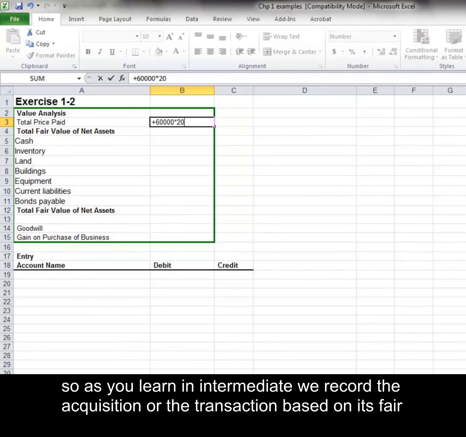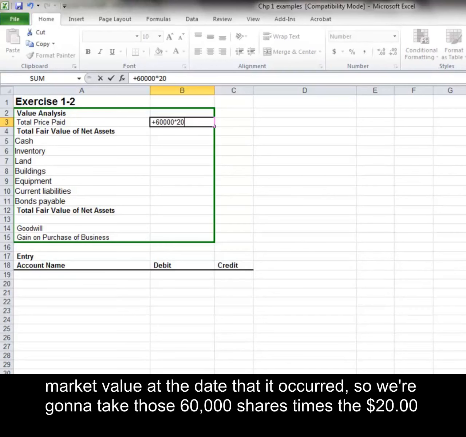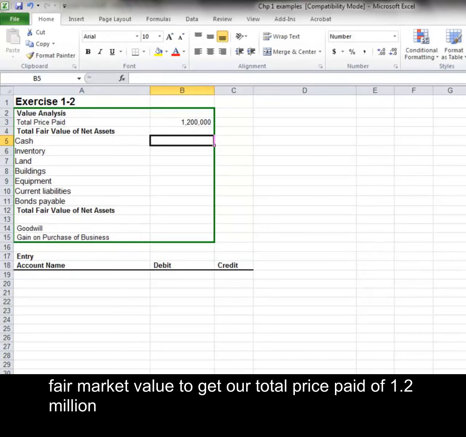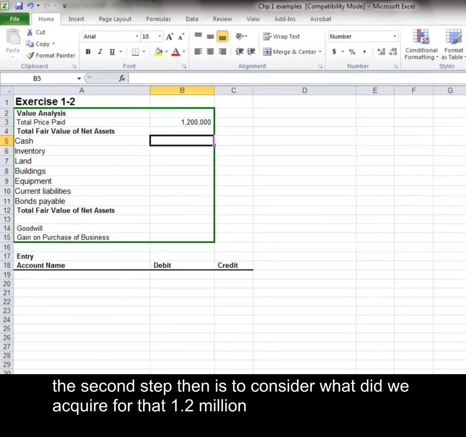So as you learned in intermediate, we record the acquisition or the transaction based on its fair market value at the date that it occurred. So we're going to take those 60,000 shares times the $20 fair market value to get our total price paid of $1.2 million.